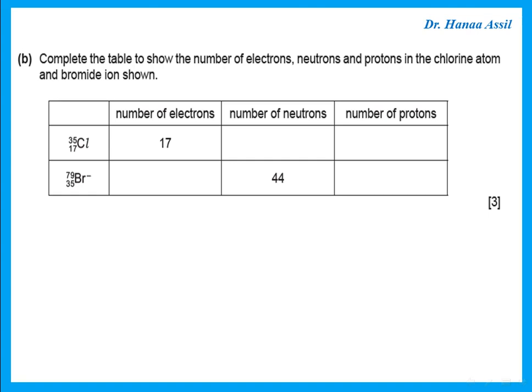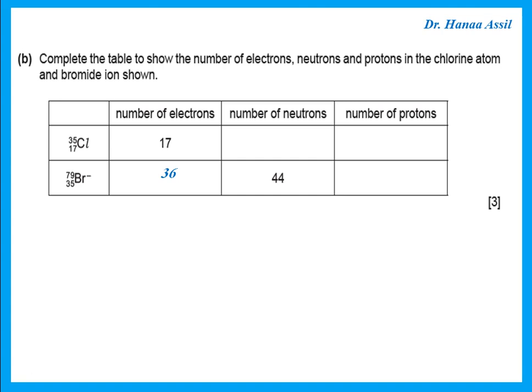The atomic number of bromine is 35, so originally it has 35 protons and 35 electrons. But Br has an extra negative charge. This is Br minus, the bromide ion, and that means it has an extra electron. So instead of 35 electrons, it has 36.